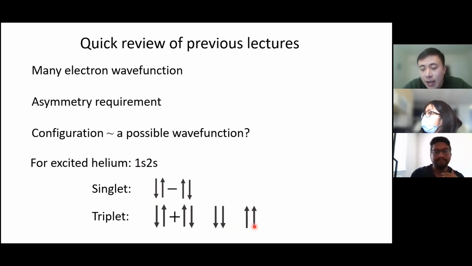This should be the 3S, because we immediately see this is a triplet. It's composed of three states, and in fact the total spin equals 1. This is 1/2, this is 1/2, so they add up to 1. But we express it as 3 because we know this is a triplet degeneracy. That's convenient to read.